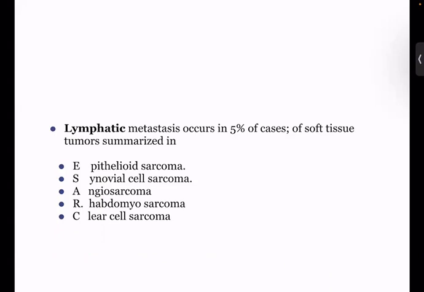Synovial is the most common soft tissue sarcoma of the foot. Angiosarcoma is a vascular lesion. Rhabdomyosarcoma is the most common soft tissue sarcoma in pediatric patients. And clear cell sarcoma is another lesion with lymphatic metastasis. Okay.